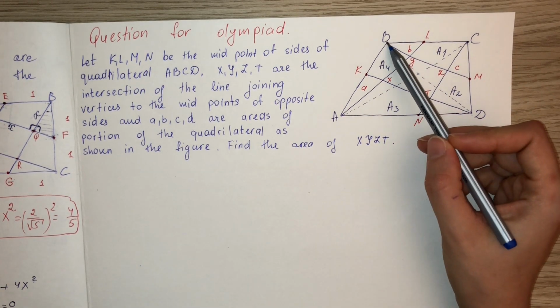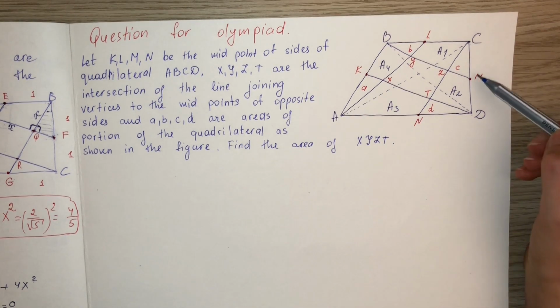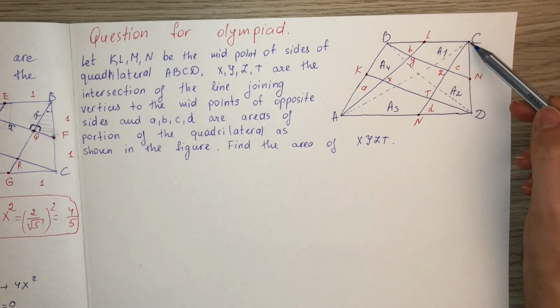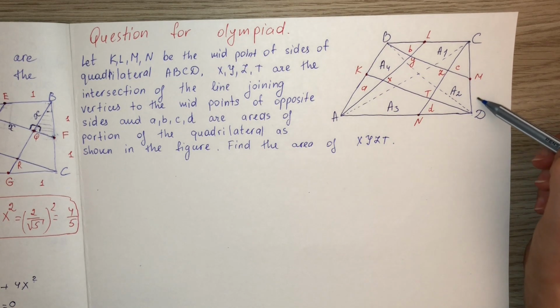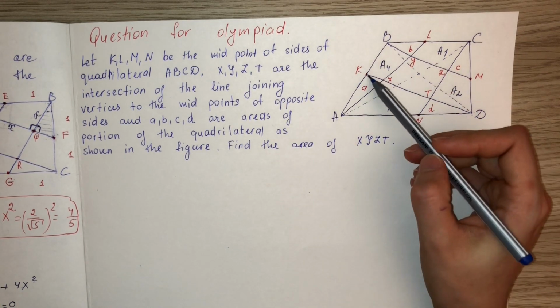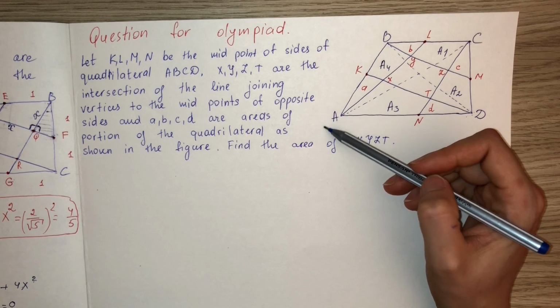This means that L is the midpoint of BC. M is the midpoint of CD. It means that CM is equal to MD. N is a midpoint of AD, and K is the midpoint of BA.